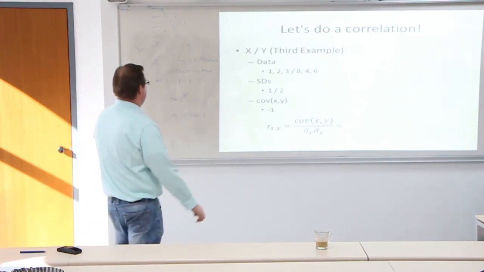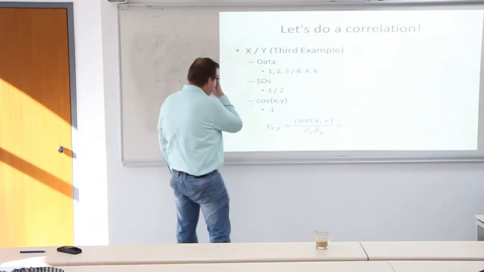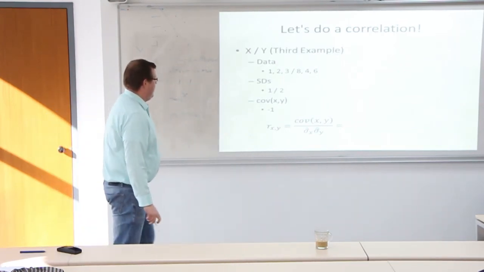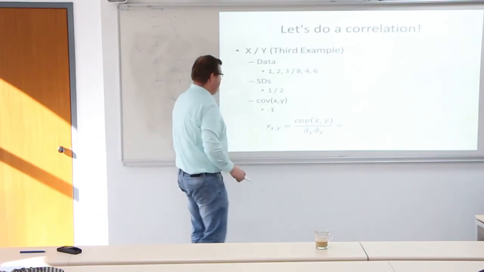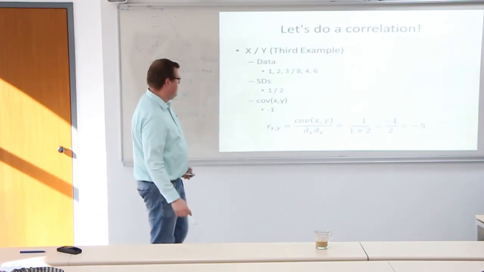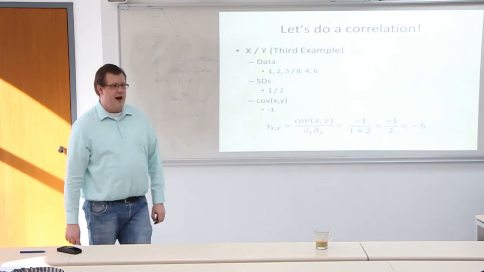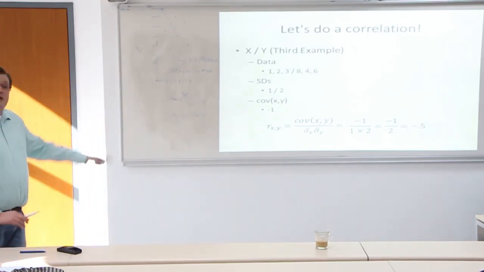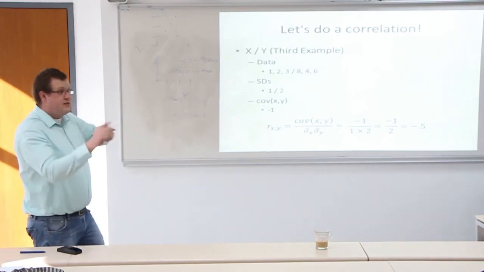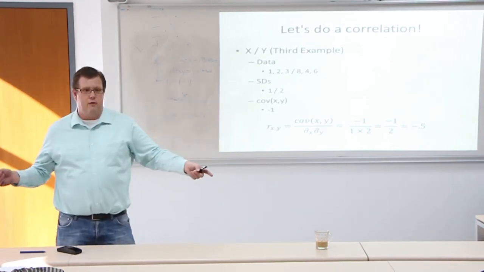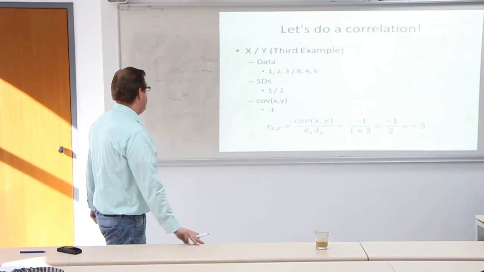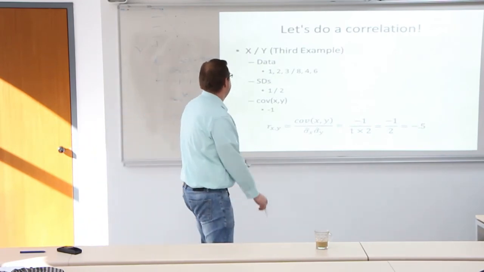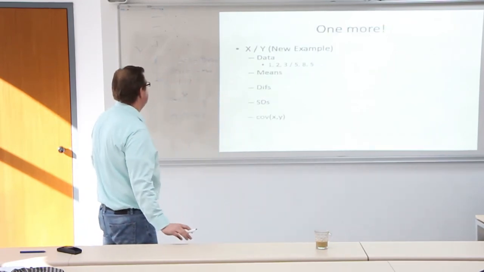So easy. Let's do the third example. So we have -1 over 2, negative 0.5. This is the one that you were solving before. That's exactly right. So this is between, as she said, 1 and negative 1, the correlation. The covariance wasn't, but the correlation is. Okay, easy.